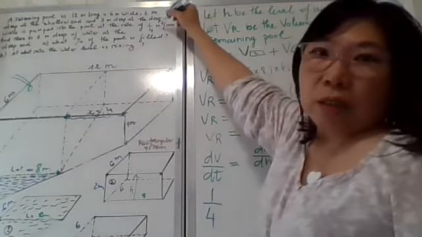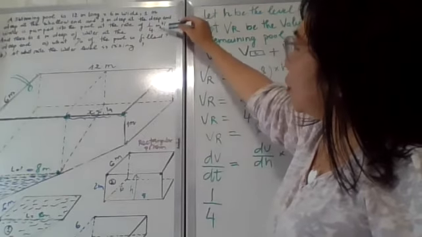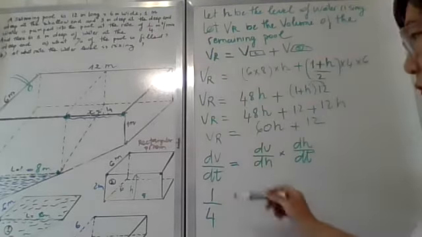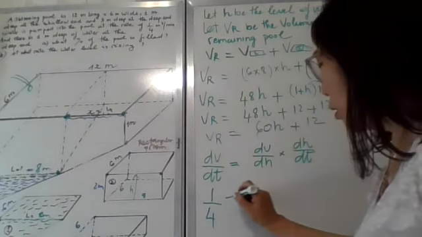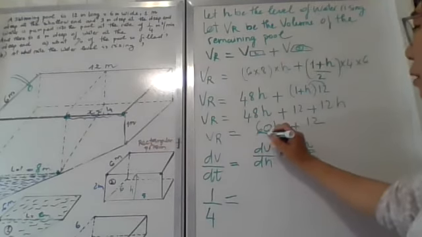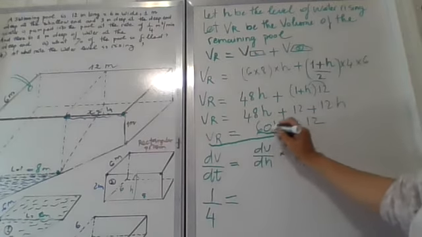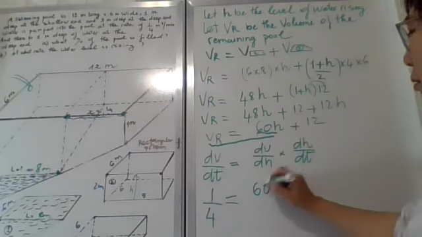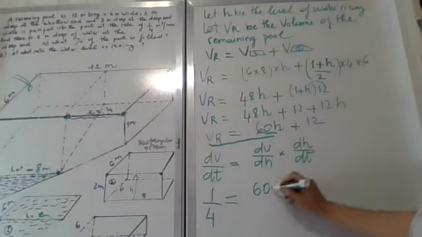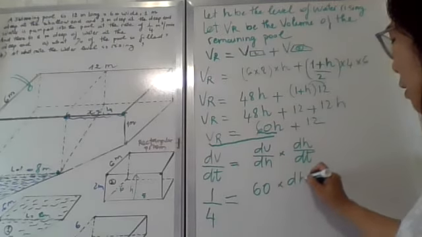It's right here: the water is pumped into the pool at the rate of 1 over 4 meter cubed per minute. So dV over dt equals 1 over 4, equal to dV over dH, which means we take the derivative of this. So it equals 60. The derivative of 60H is 60 times dH over dt.